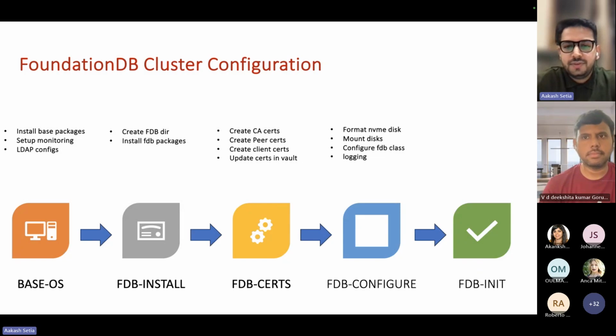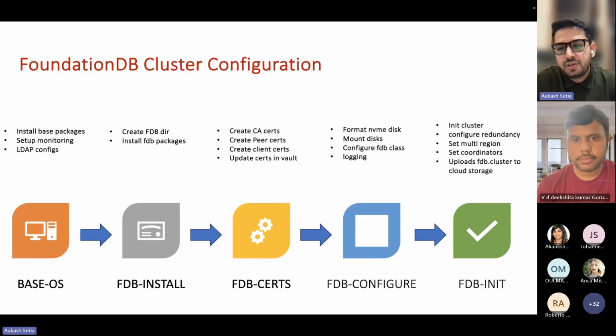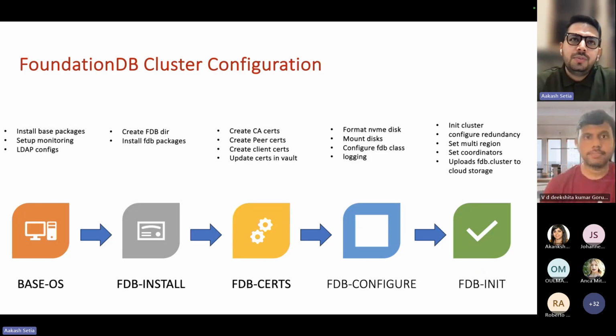And once everything is done till configurations, we move to the FoundationDB initialization. Once all the virtual machines are configured, we initialize the cluster. The cluster initialization step is taken care of by the FDB init function, which configures redundancy. It sets the multi-region, it sets the coordinators, and initializes the cluster.